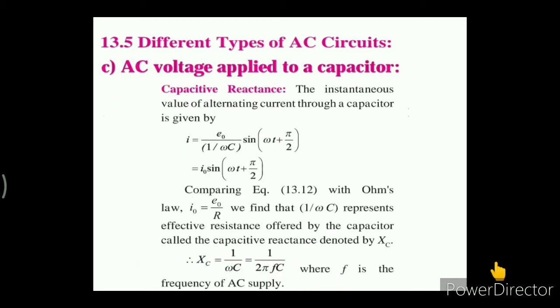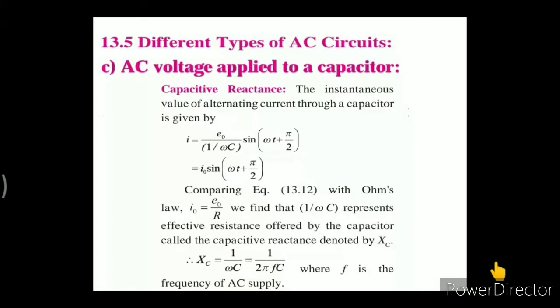Now, when the purely capacitive circuit is to be taken, as we had discussed, in the AC circuit when it is connected through the resistor only, it offers opposition to the flow of current. Similarly, we had seen when only the inductor is connected across the AC signal, the opposition offered by the pure inductor is termed as inductive reactance XL.